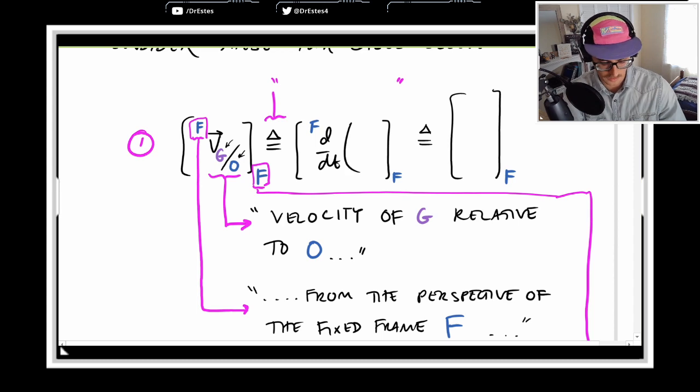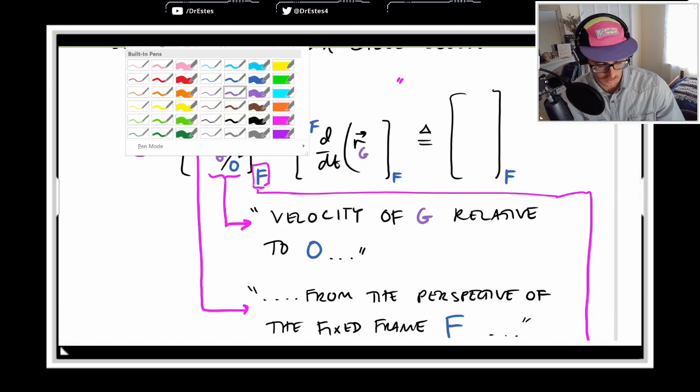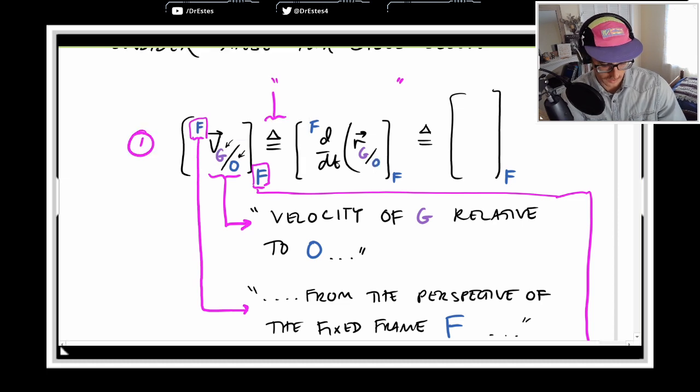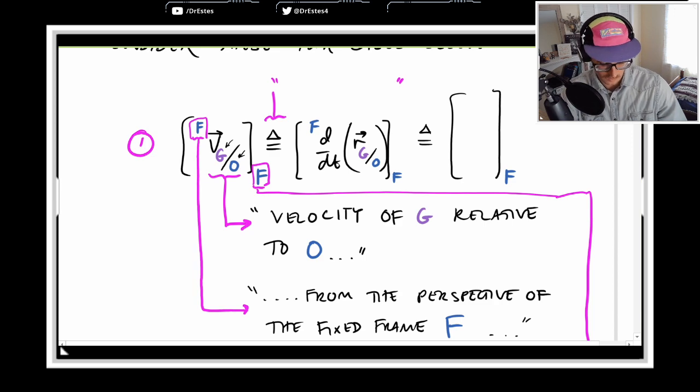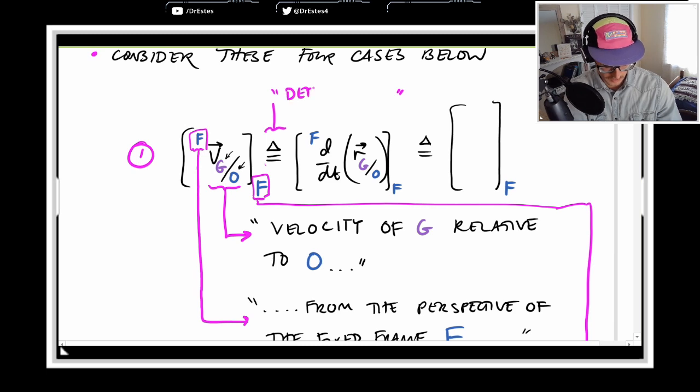And the velocity is the time derivative of the position vector. So r from g to O, that's the position vector. Oh, and by the way, this little equals with a triangle sitting on top, this means defined as.